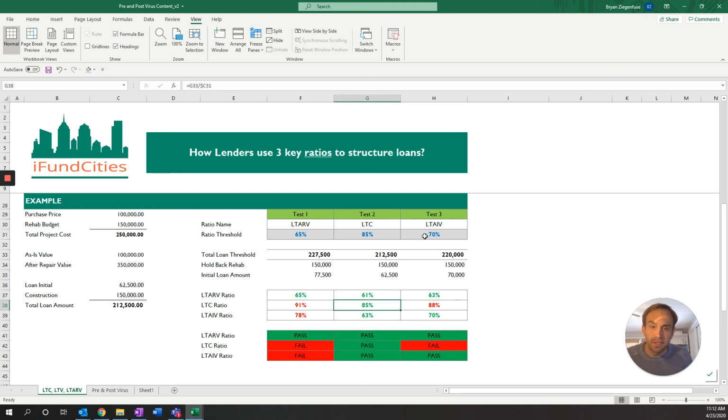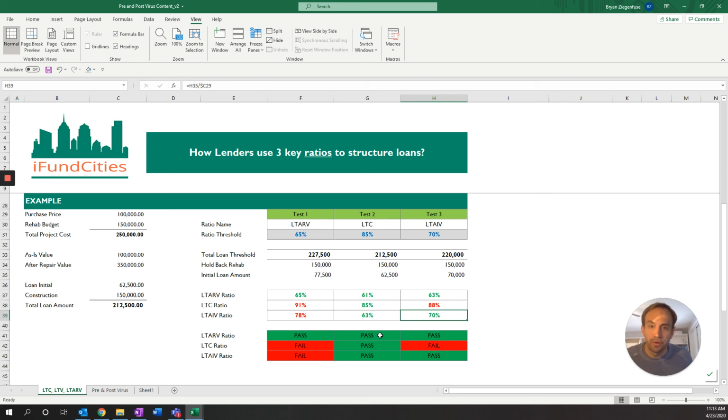If we were to look at test 3, or threshold 3, the loan to as-is amount, if we do 70% of this, it fails the loan to cost ratio test because it would be at 88%. It still passes the loan to ARV, but it fails the loan to cost.